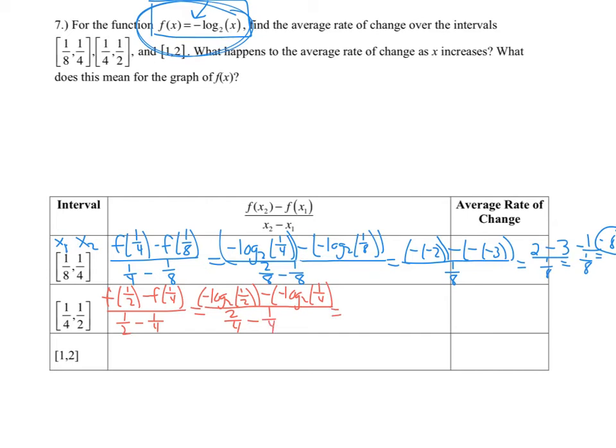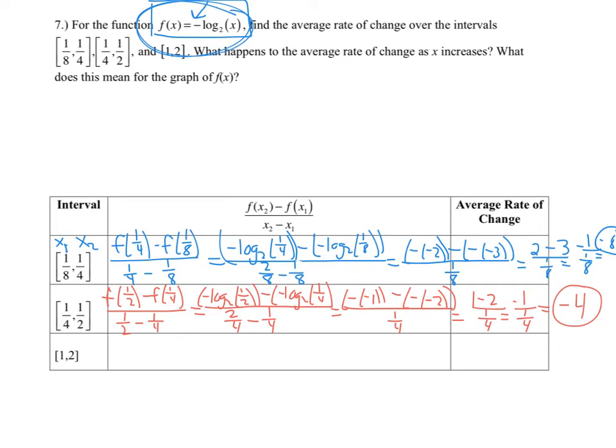The log base 2 of 1/2 is -1, so we've got the opposite of -1 minus the opposite of the log base 2 of 1/4 is -2, all over 1/4. So this is really 1 minus 2 over 1/4, which is -1 over 1/4. Again, we don't divide by a fraction, we multiply by its reciprocal. So in the end, we get -4.